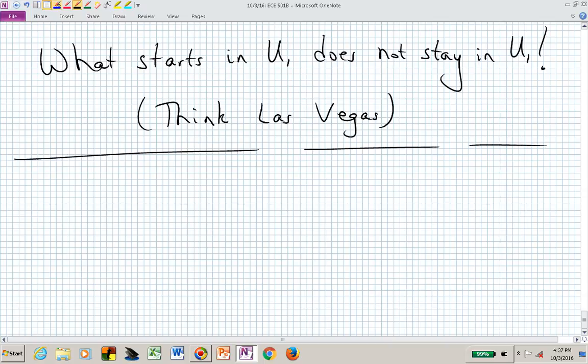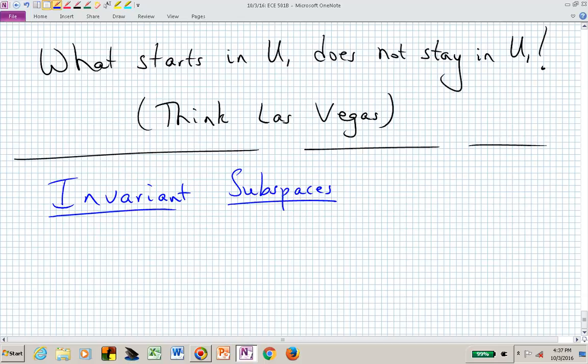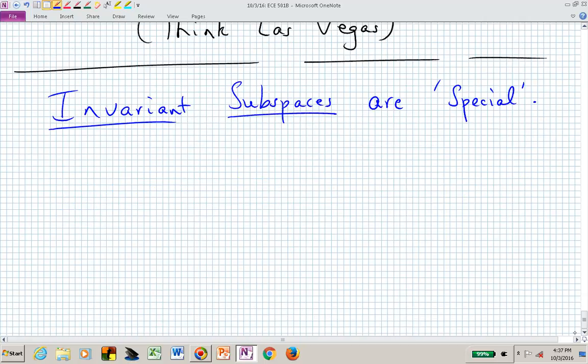What we want to talk about now are, in fact, subspaces that do possess these properties, and we're calling those invariant subspaces. And these subspaces are quite special.